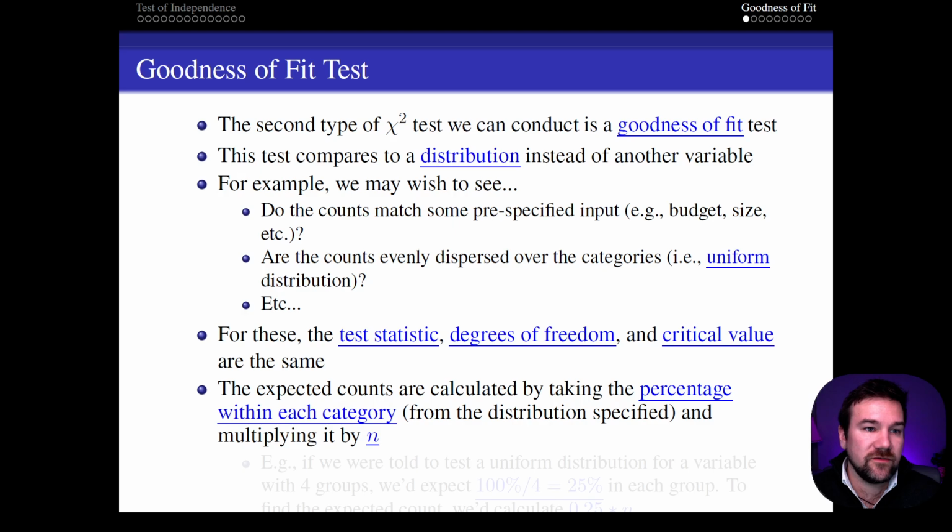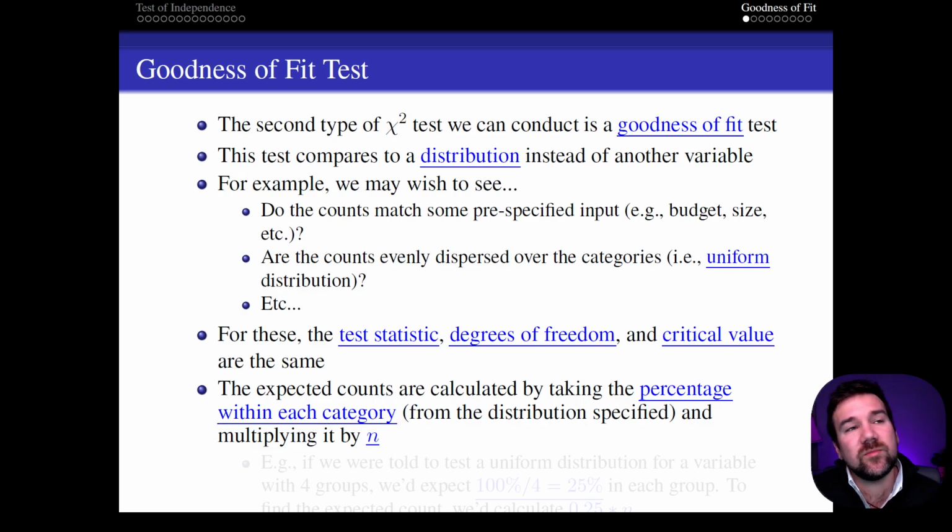In the previous test of independence, I had to do the row times the column totals divided by the total number of things, etc. In the goodness of fit test, I simply find the counts for each of the cells using those pre-specified input things. The pre-specified counts might come in counts, but often they come in percentages.